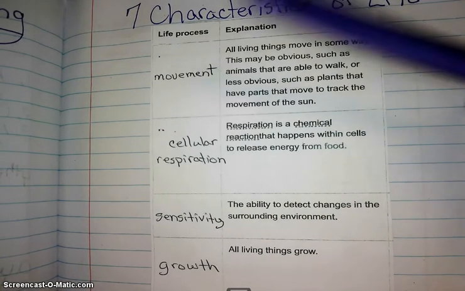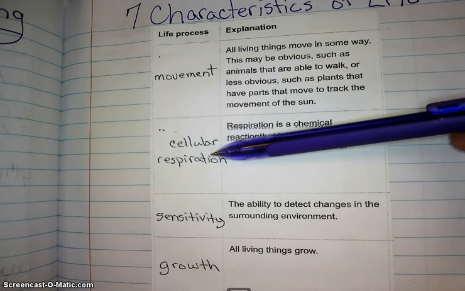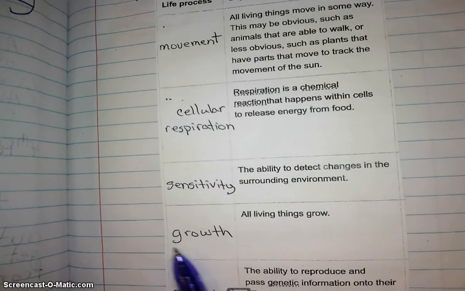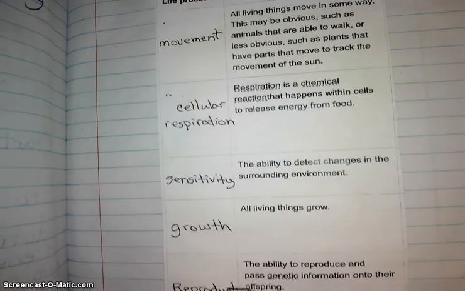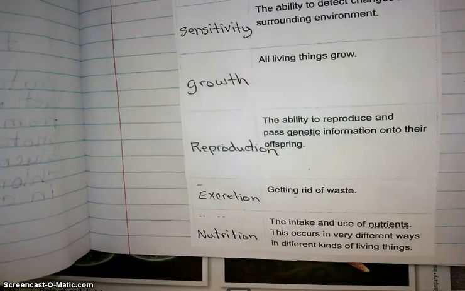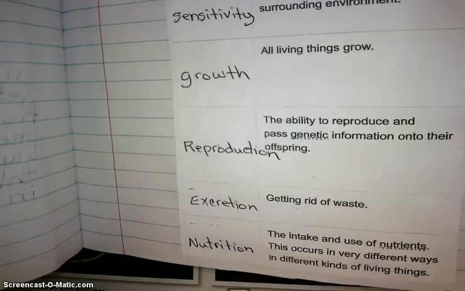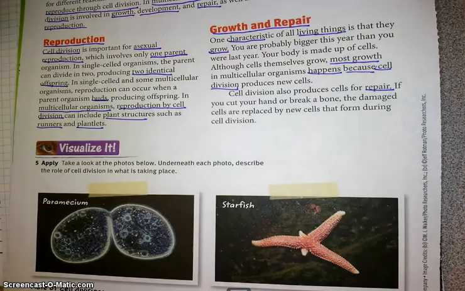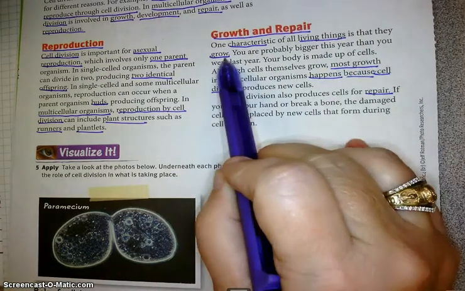In order to be living, it has to be able to move, it has to be able to do cellular respiration, it has to sense its environment and adapt, it has to grow, it has to be able to reproduce, excrete waste, and take in nutrients for energy. So those were the 7 characteristics of life. And one of those characteristics is it has to be able to grow.